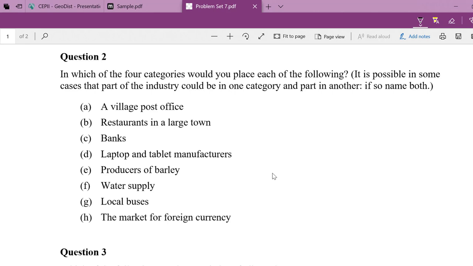Laptop and tablet manufacturers. How many brands can you name? HP, Dell. Yeah, a couple, and probably a little bit more. But then, which category do they fit? Not many, right? Oligopoly as a result. They dominate.